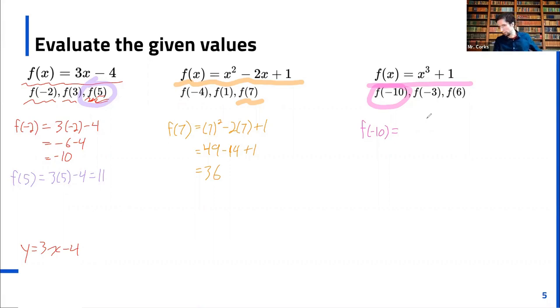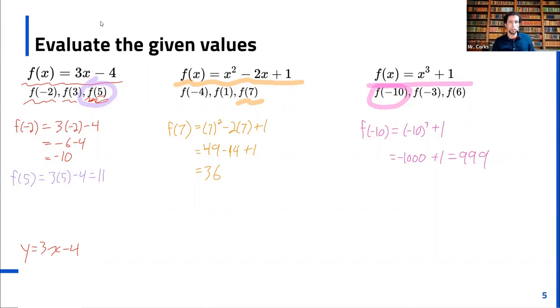No one else. Okay, Alisher too. All right, so negative 10 cubed plus 1. So 10 cubed is 1,000, and then we have a negative, but it's an odd exponent, so it's going to stay negative, plus 1, 999. Okay, so that's it.